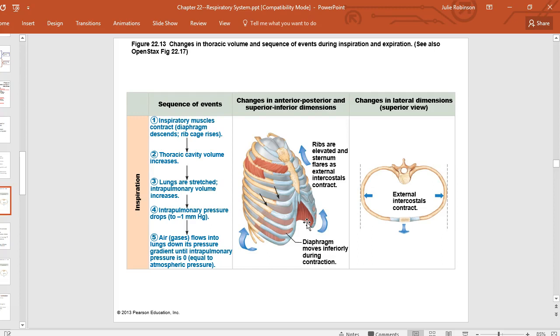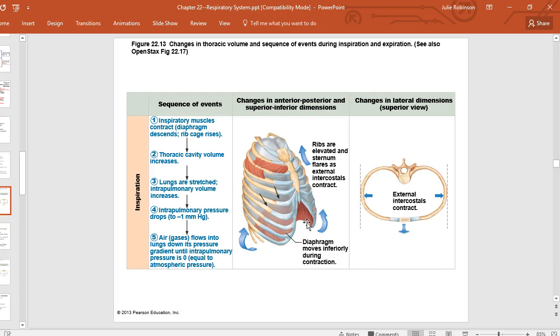It actually flattens out a little bit, going from a very curved dome shape to a flatter curved shape. And because the intercostals pull the ribs superior and anterior, and then the diaphragm increases the volume of the thoracic cavity towards the bottom, the inferior portion, we have more volume in the thoracic cavity.